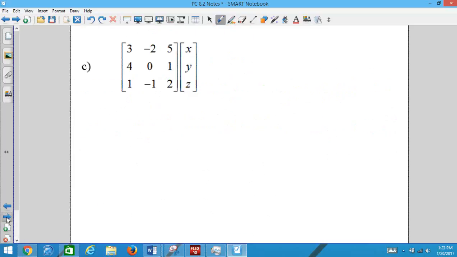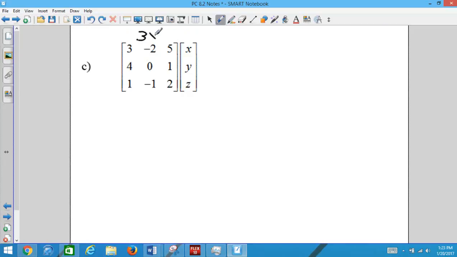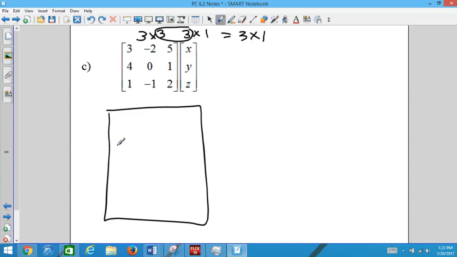All right, so for C, let's check our dimensions. We have a what by what? 3 by 3 times a 3 by 1. Can we multiply them? What will we get when we're done? So we will have 3 rows, just 1 column when we're done.